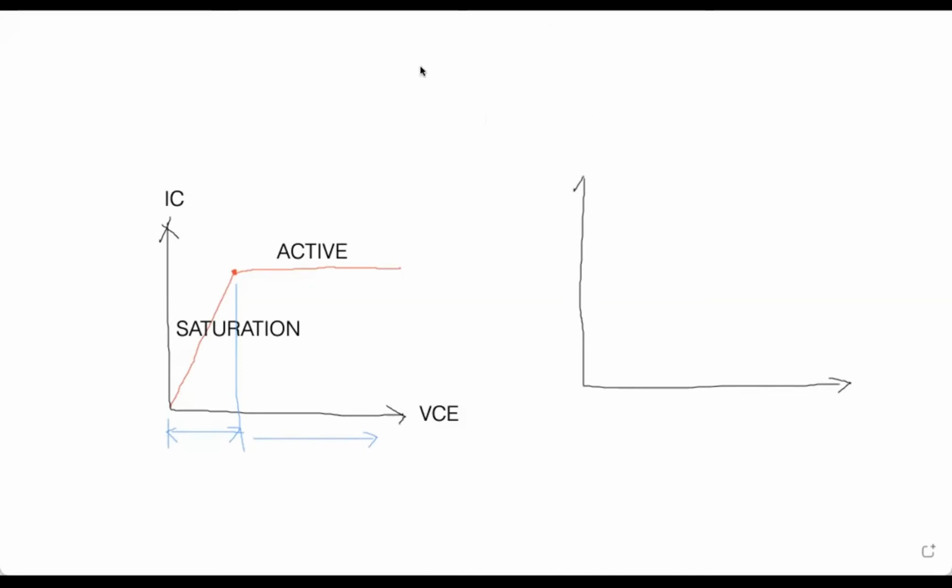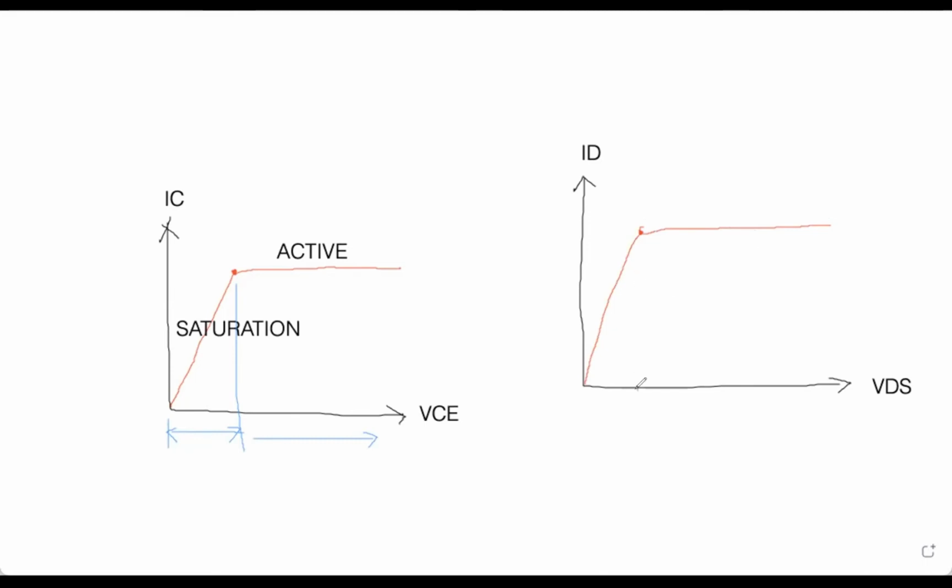So we plot the output current, which is the drain current, versus the output voltage of the transistor, which is the drain-source voltage. At lower values of the drain-source voltage, the drain current is again linear or proportional until we reach a certain point wherein the drain current will become almost constant.